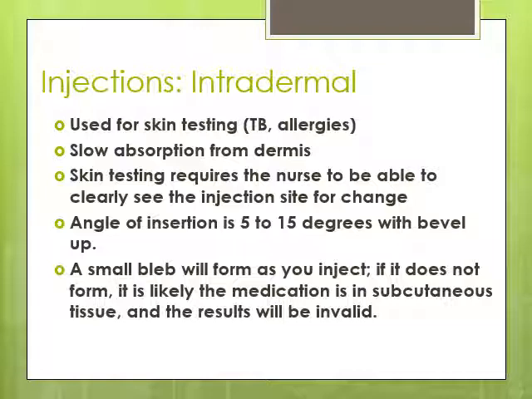A small bleb will form as you inject. If it does not form, it is likely the medication is in subcutaneous tissue and the result will be invalid. When we give an intradermal injection, a small bleb must form. The small bleb gives you an indication that the injection was given correctly; otherwise it means the medication will be given wrongly and the result is invalid.